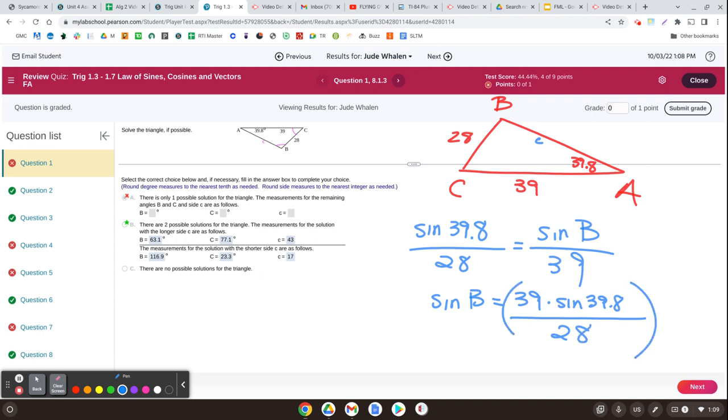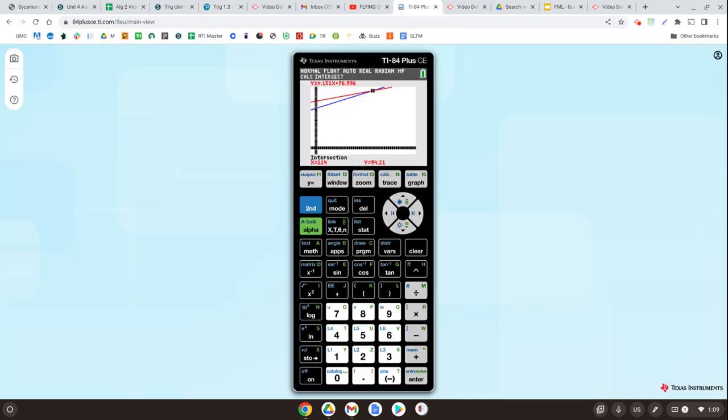Do you agree? Could you do that? Yes. So now I'm going to take the sine inverse of both sides. And then B is going to be the sine inverse of that thing. Okay? This is where it gets a little annoying.